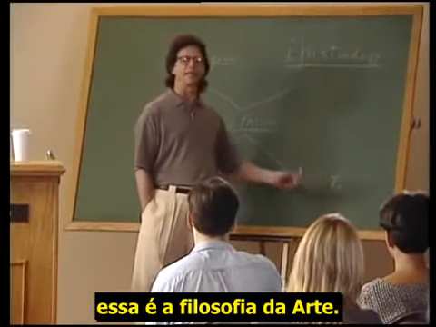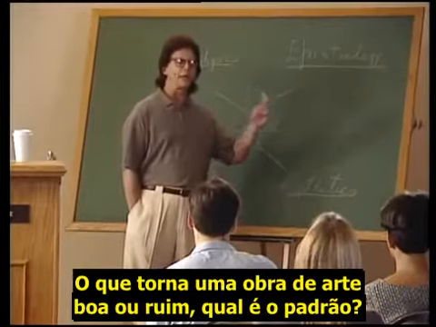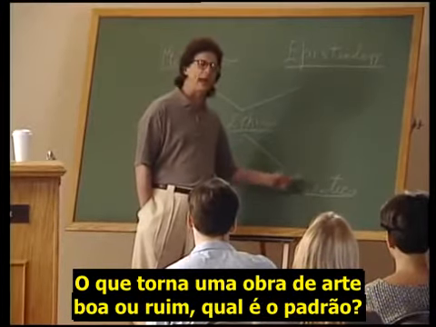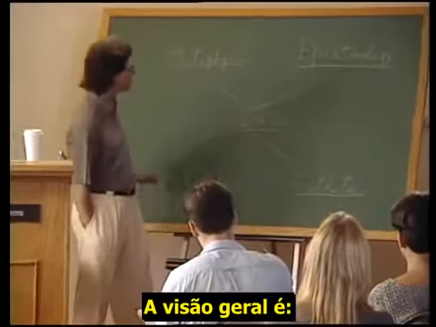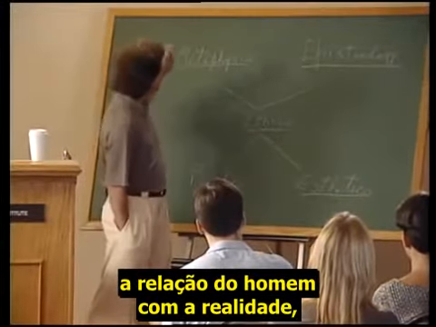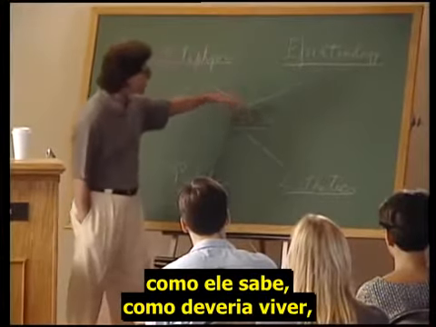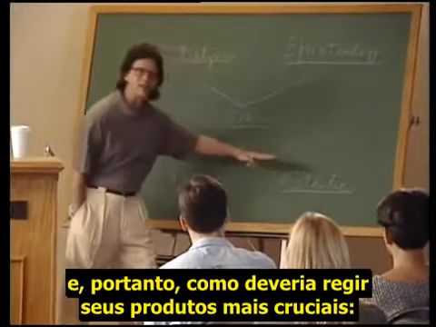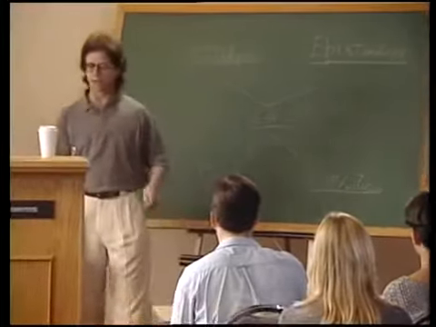That is the philosophy of art. What constitutes an artwork? What makes an artwork good or bad? How do you establish the standards? The overall view gives you man's relation to reality, how he knows, how he should live, and therefore how he should govern his most crucial products, government and art.